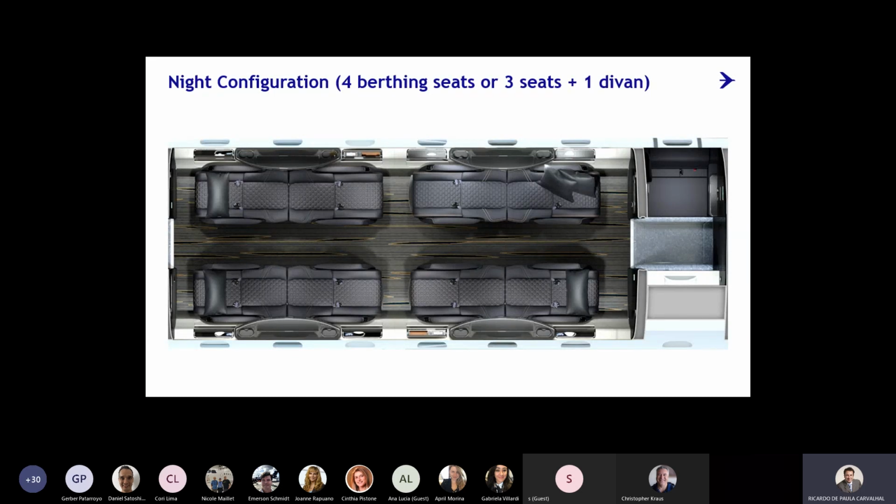Embraer has certified this way of putting 2 seats together and creating a bed, as you can see in the slide here. Each one of those beds will be 7 feet long, and up to 4 beds can be made in a Praetor 600. In the case of a Praetor 500, we were talking about 2 beds.